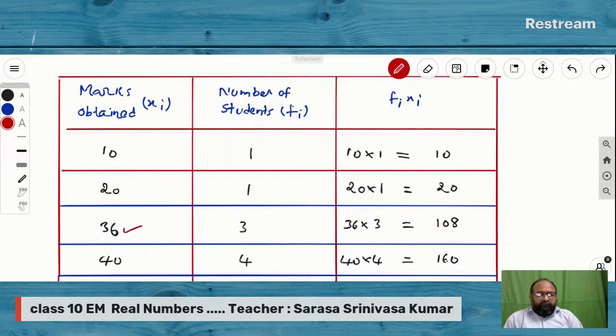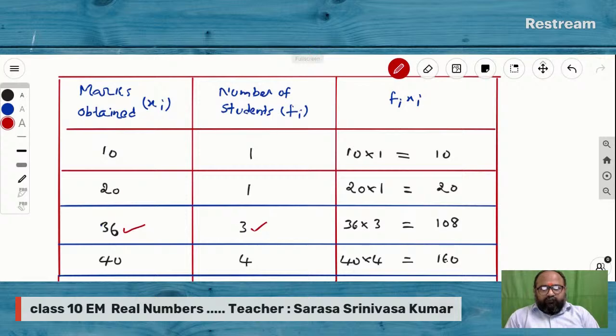Next, 36 marks are obtained by 3 students.